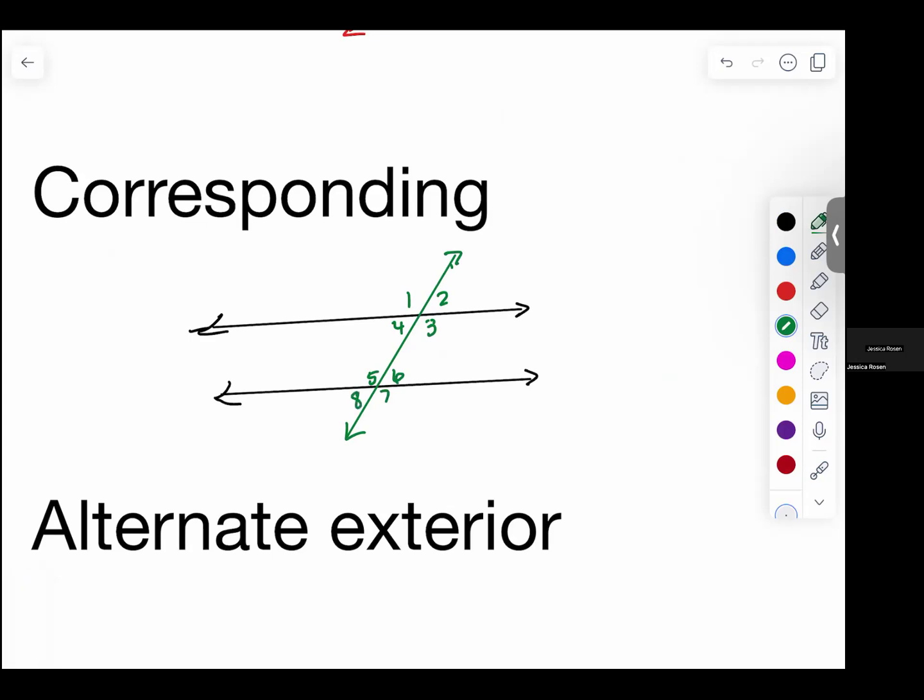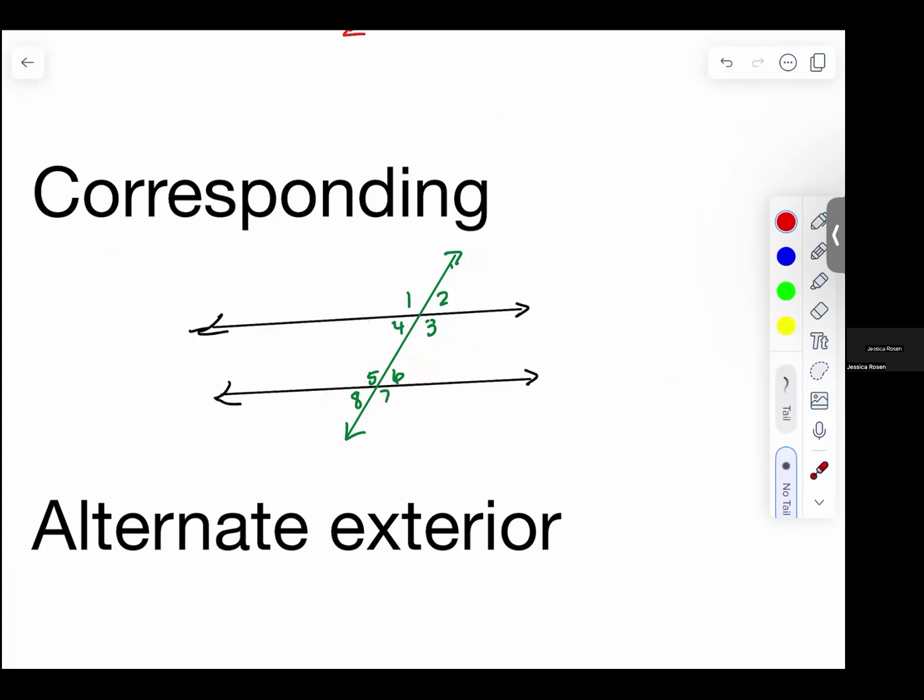But corresponding angles would be angles in the exact same space. So if I have one up here and I take this piece and lay it straight down onto this piece, that means 1 and 5 correspond with each other. And then 2 and 6 are going to correspond with each other because it's the top right, bottom right. So 3 and 7 correspond.